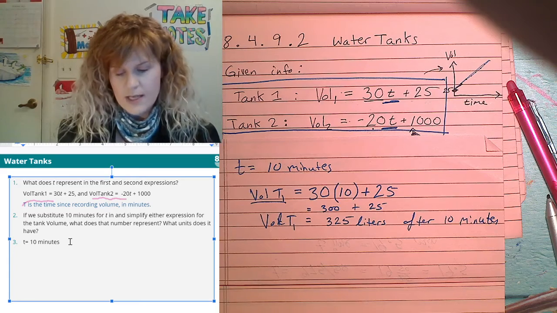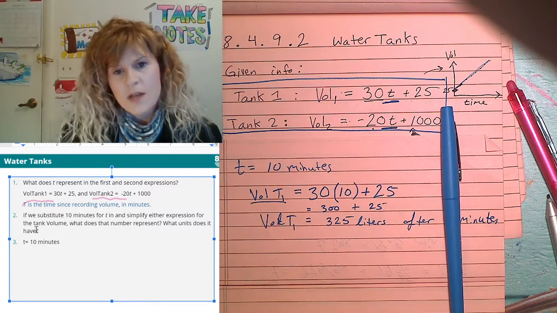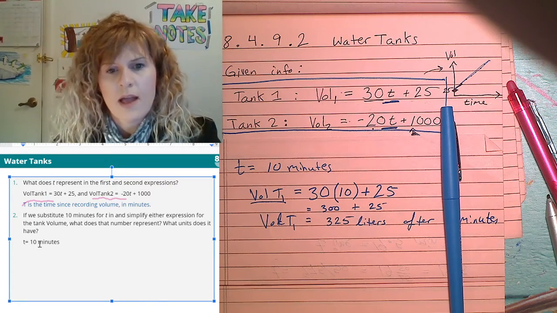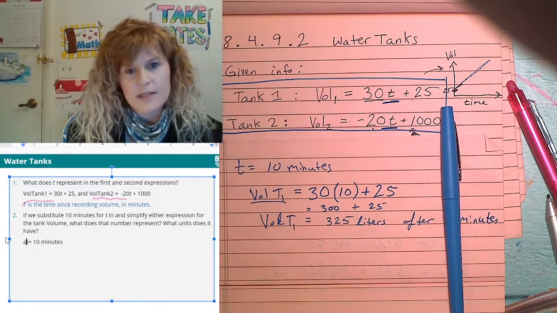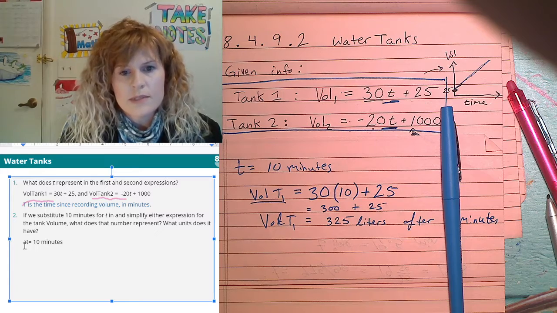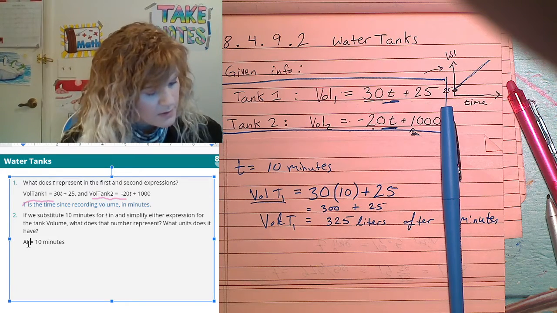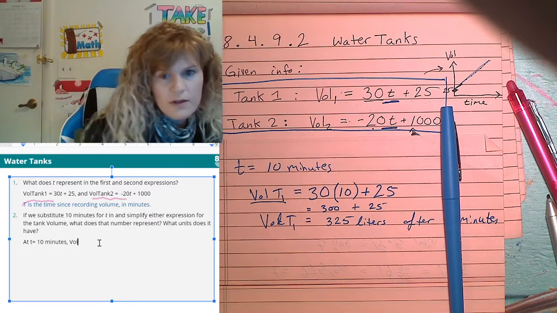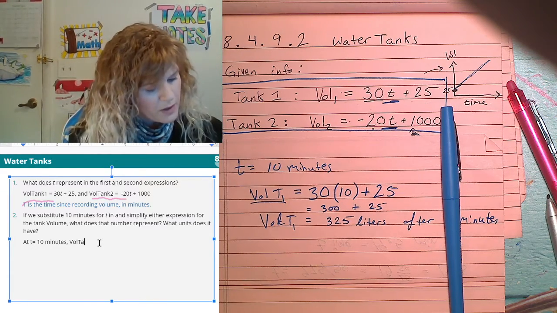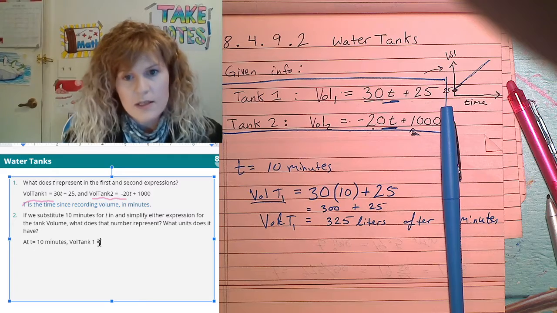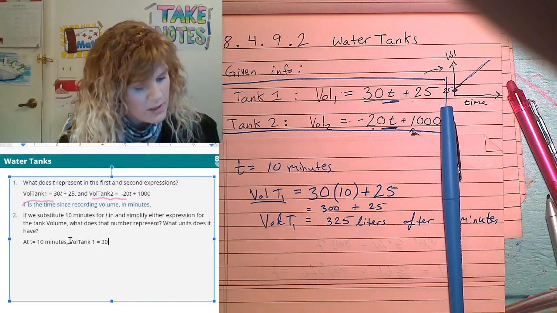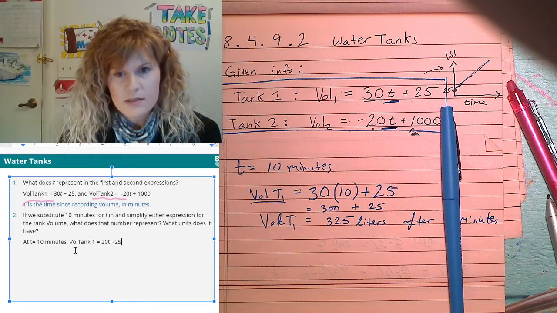And now I'd like you to type your answer in. So there shouldn't have been a 3 there. At T equals 10 minutes, there we go, volume of tank 1 equals 30T plus 25.